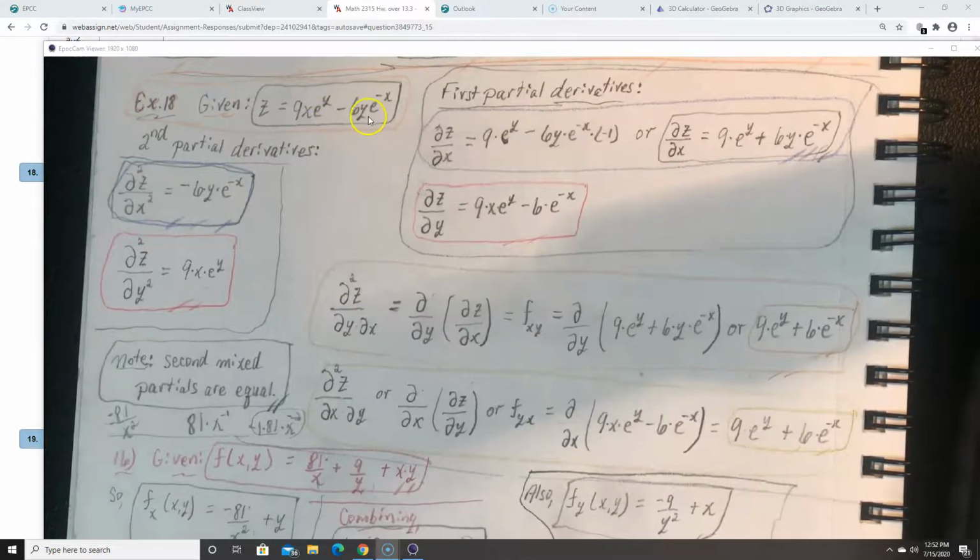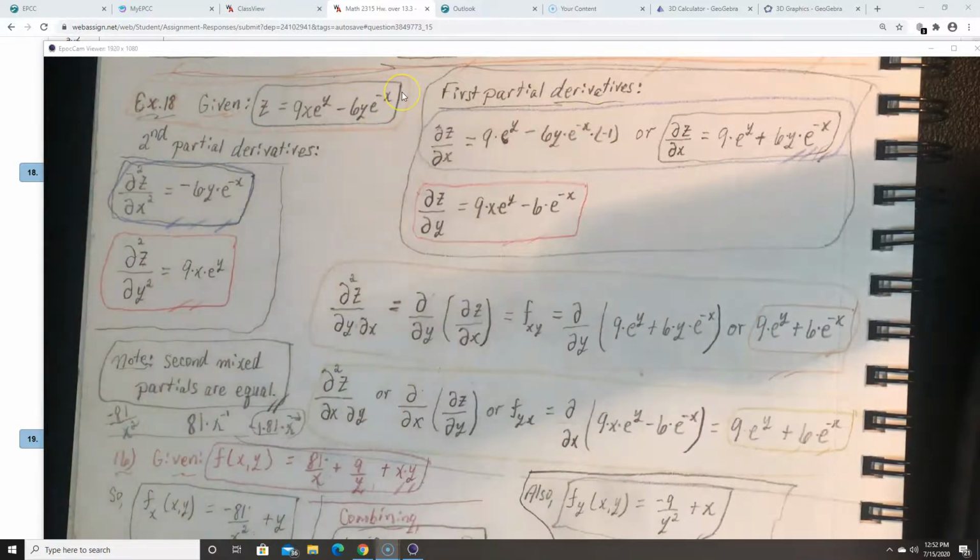What about the derivative of the second term with respect to x? The multiplied 6 and the multiplied y are fixed, so they sit there. So it's minus 6y, fixed, times the derivative of e to the negative x. Well, the derivative of e to the negative x is repeated, e to the negative x, times the derivative of the exponent.